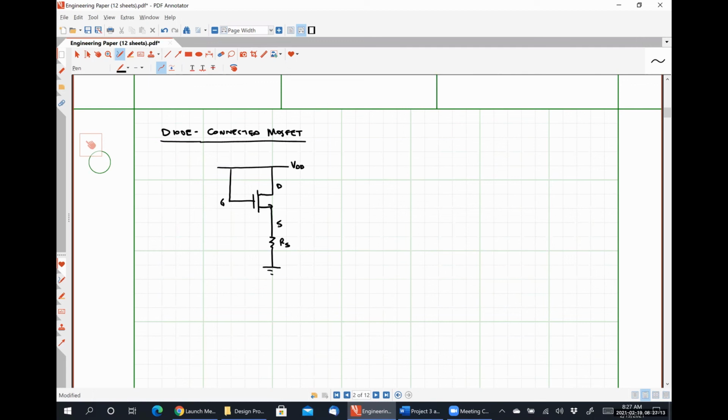And in this case, our large signal model is going to look something like this.